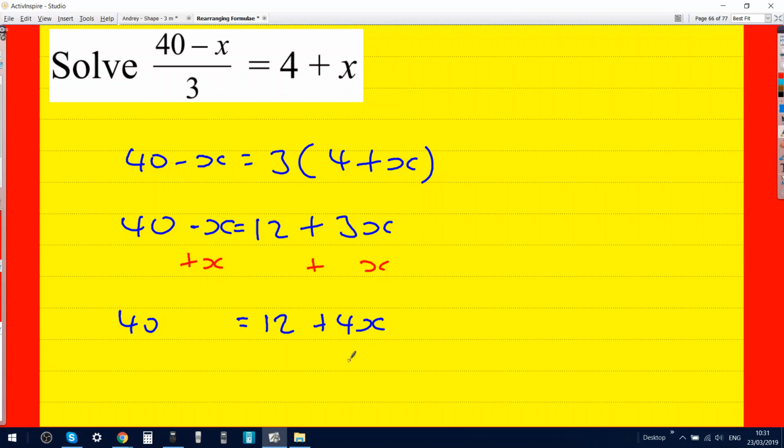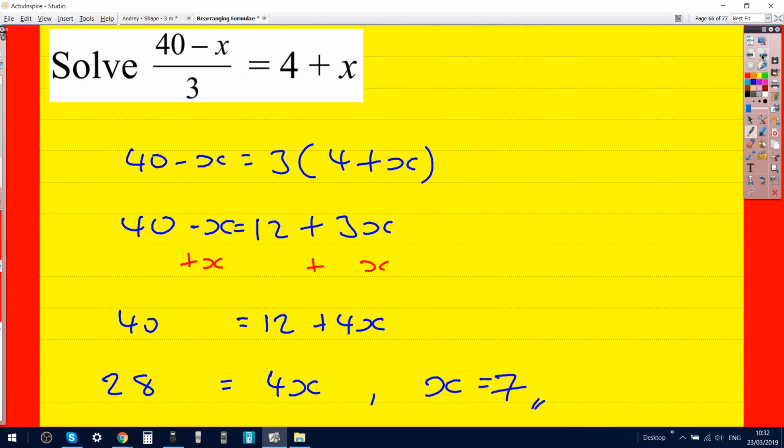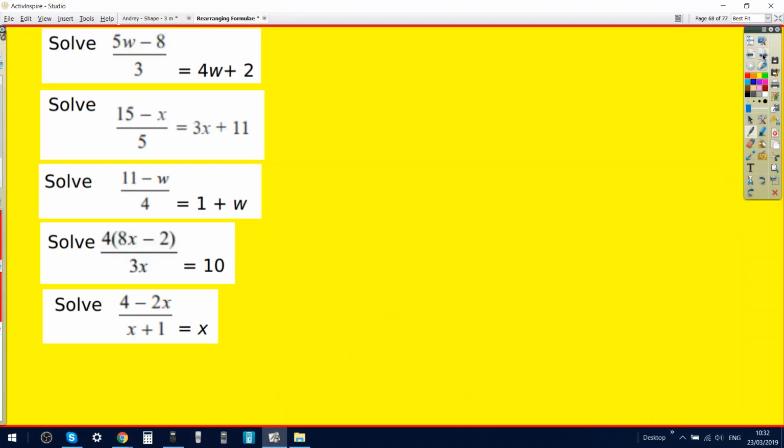And then you would do 40 take away 12, which is 28. And that equals 4x. Then divide that by 4, and that is 7. Well done. Yes, so just watch out for the minus: to eliminate it you do plus.